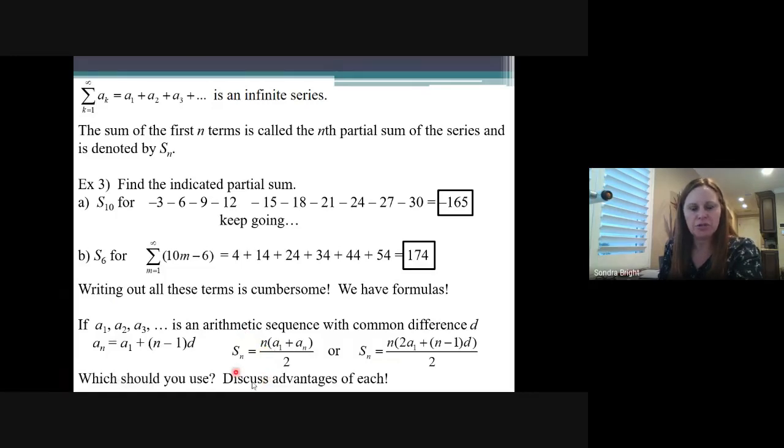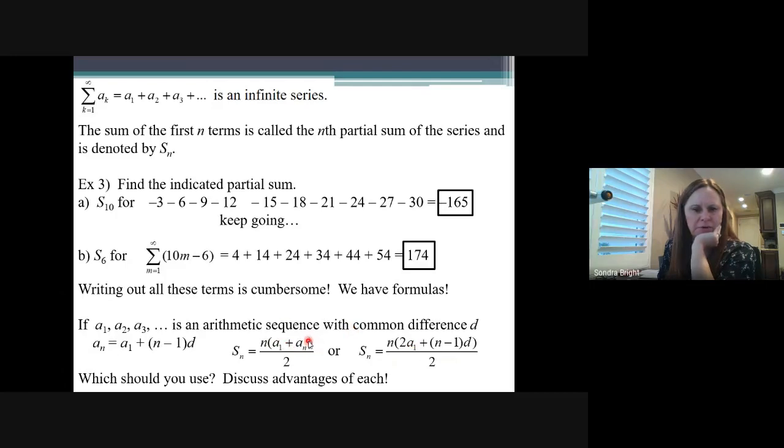Which one should you use? Well, when would this one be useful? This one is useful when you're missing something, when you don't know what a value is. And what did I replace?